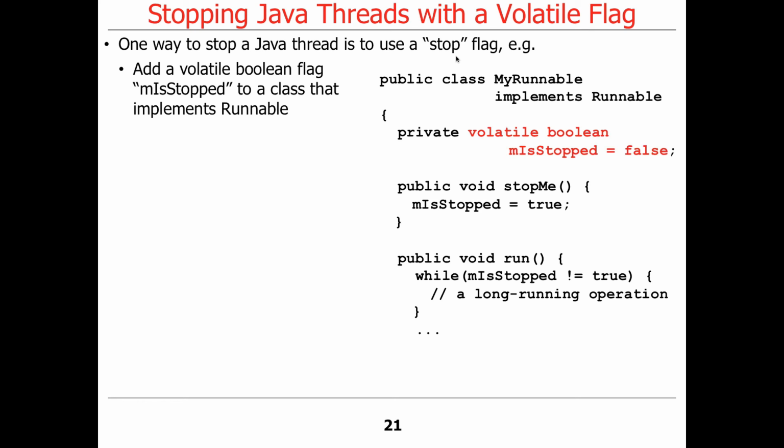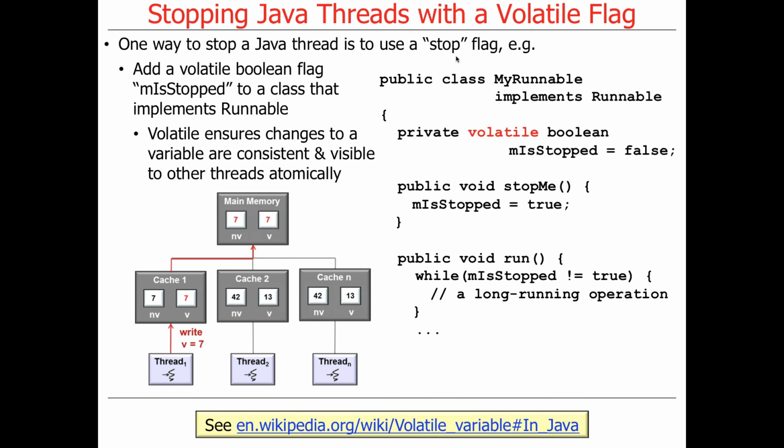So the way this is going to work, of course, is that as long as the m_is_stopped is false, we're going to keep running. And if you recall, when we talked about volatile earlier, that ensures that changes to a variable are consistent and visible to other threads atomically. So when you read and write to a volatile, it propagates to all the other threads right away. It doesn't wait around in a cache.